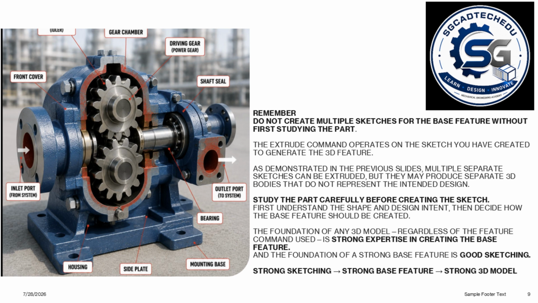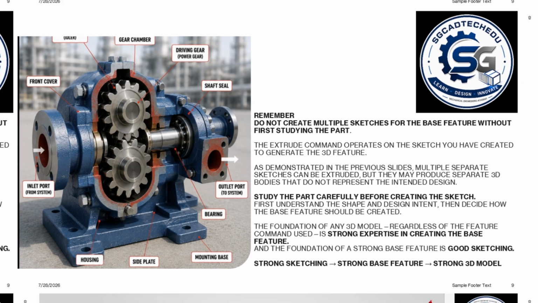As we saw in the previous example, creating multiple separate sketches without first understanding the part can result in separate bodies or a model that does not represent the intended design. So, always remember, first study the part, understand its shape and design intent, then decide what the base feature should look like. Good sketching creates a strong base feature, and a strong base feature gives us a strong 3D model. Strong sketching, strong base feature, strong 3D model.